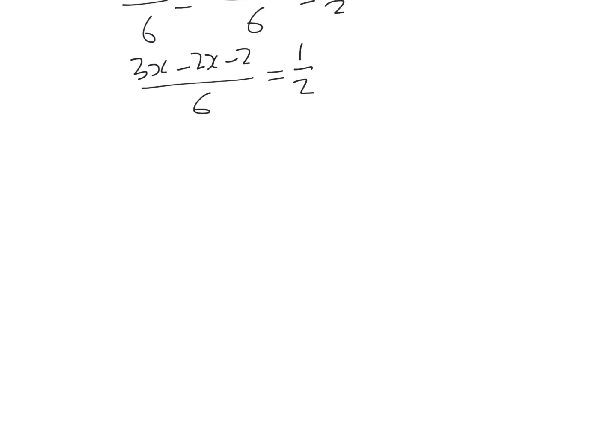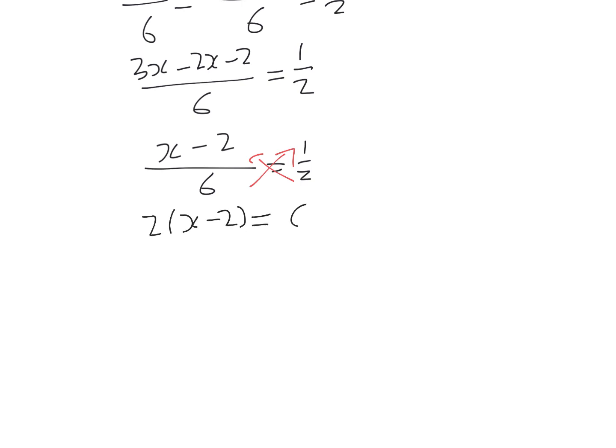We then can simplify that fraction. The numerator would be 3x take away 2x is 1x. And now we've got a fraction equaling a fraction. When a fraction equals a fraction, we can cross multiply. So we end up with 2 times x minus 2 being equal to 6 times 1, which is 6.